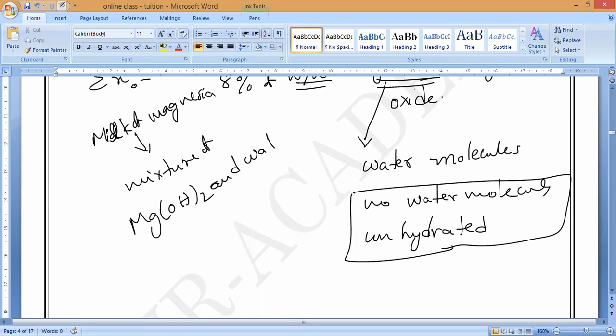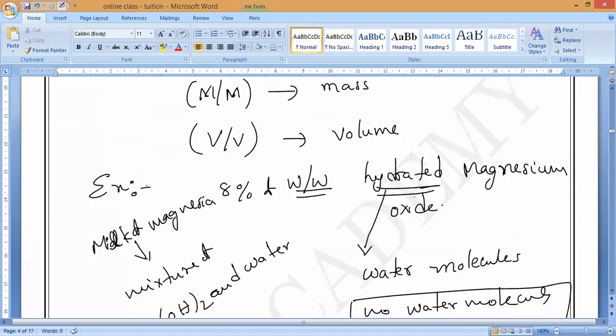Understand? So if I say 8% of hydrated magnesium oxide, it means 8% by weight of whatever liquid you take, milk of magnesia. So what is the weight percent of hydrated magnesium oxide? 8% in that.